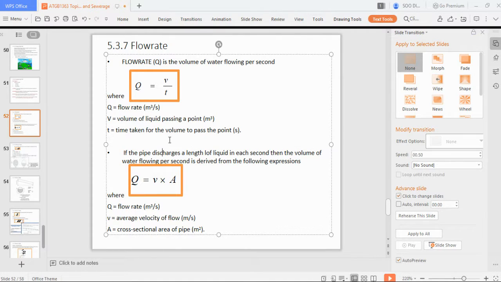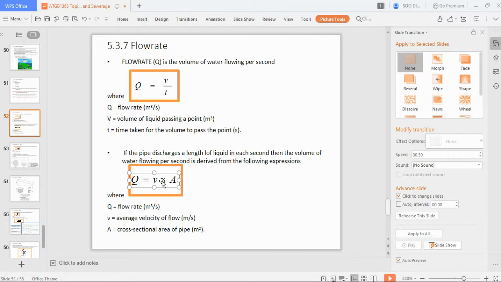Next we have our Q equals to VA. This is the most fundamental formula which you have to remember. Actually you don't have to remember because you'll be given the formula list in the appendix with all these formulas.